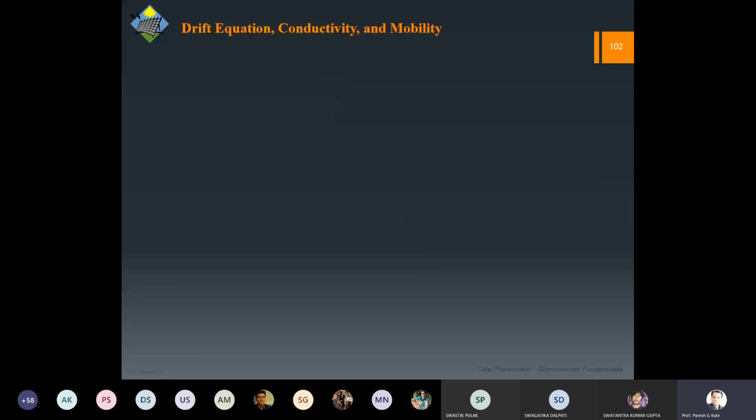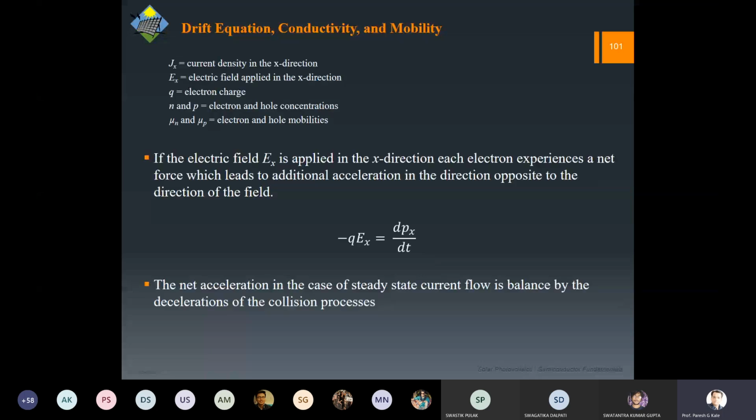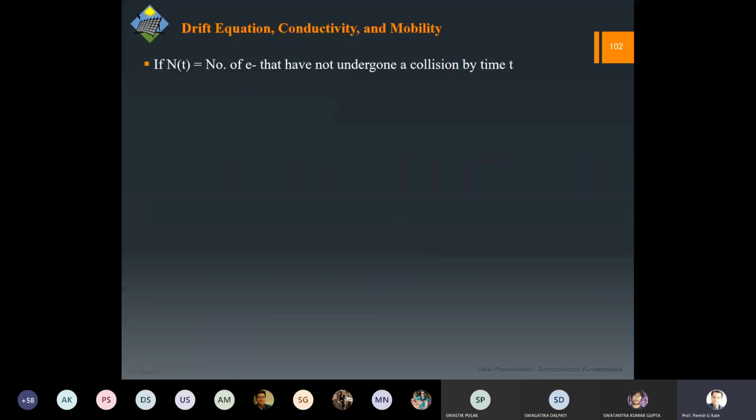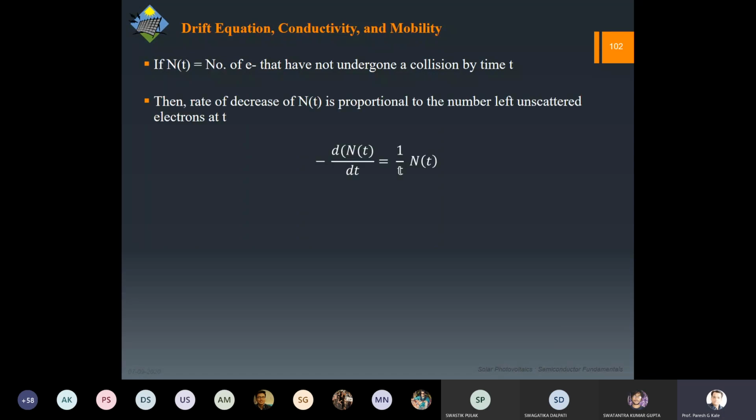Okay. So whatever momentum this electric field is generating, now we can say that there are a number of electrons that can undergo this change. Now let us say every electron is moving, and at a particular point of time t, let us say that there are n number of electrons which have not undergone any collision, so the collision is due.